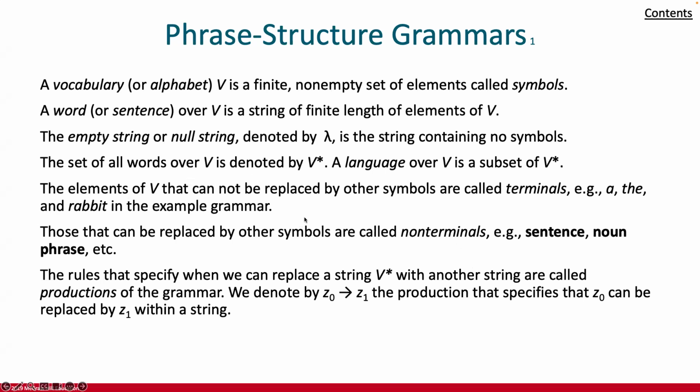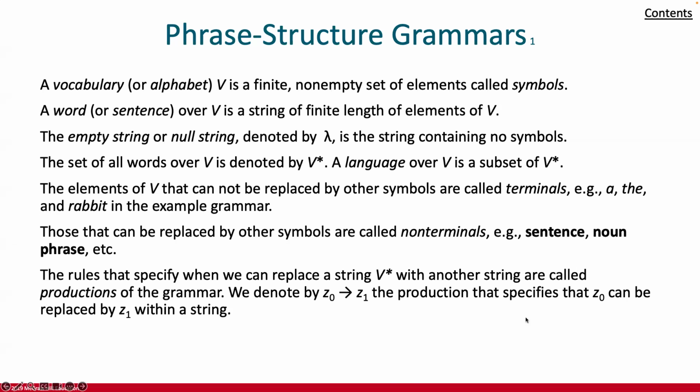The elements of V that cannot be replaced by other symbols are called terminals, for example, a, the, and rabbit in the example grammar. Those that can be replaced by other symbols are called non-terminals, for example, sentence, noun phrase, etc. The rules that specify when we can replace a string in V star with another string are called productions of the grammar.